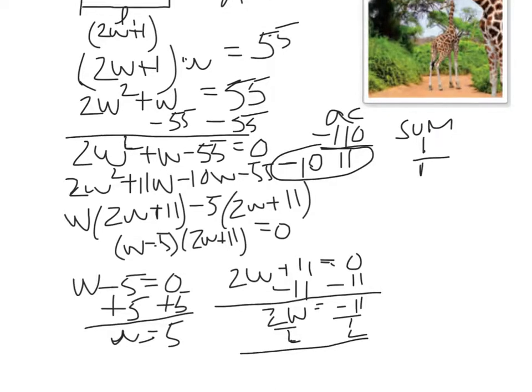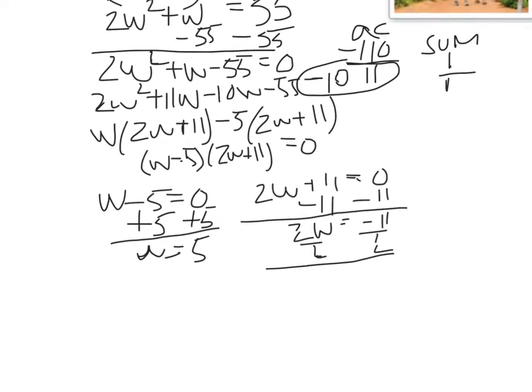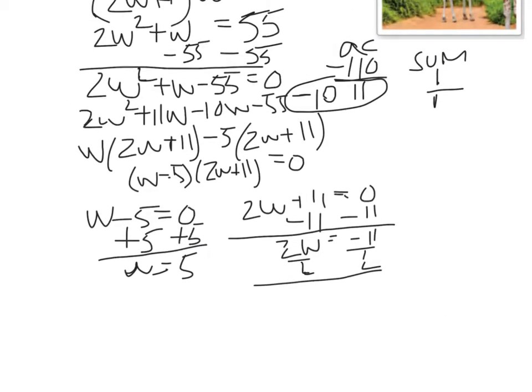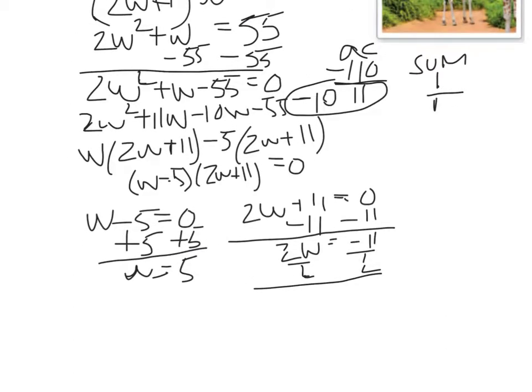We get w equals negative 11 halves. Now up above, the question asks us what was the width of the reserve. So obviously, when I look at the second answer, can I have a width that is a negative number?